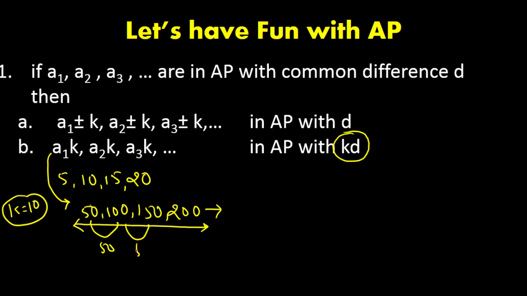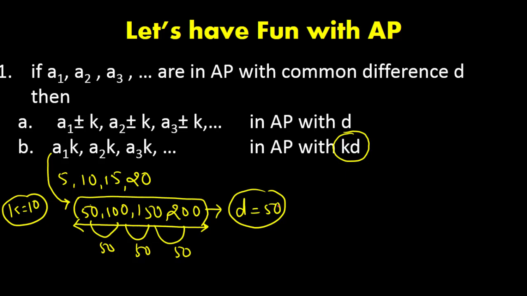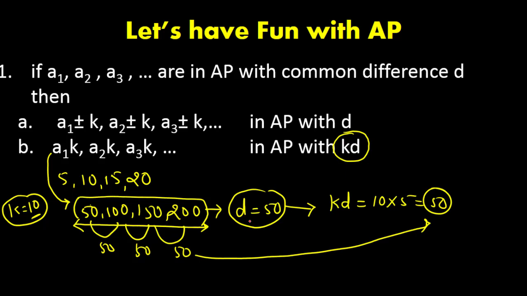This means that if you multiply each term of an AP, the new AP will remain in AP, but the difference will change to k into d, where k in our case was 10, and the original d was 5, so it becomes 50.